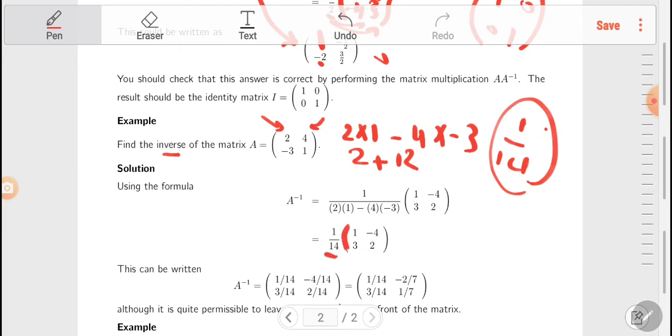And now, open the matrix. 2, 1, we have to write it as 1, 2. 4 becomes negative 4 in its position. Negative 3 becomes 3 in its position. And now, multiply 1 over 14 by 1, 1 over 14 by negative 4, 1 over 14 by 3, 1 over 14 by 2. So this matrix is the inverse of the original matrix.